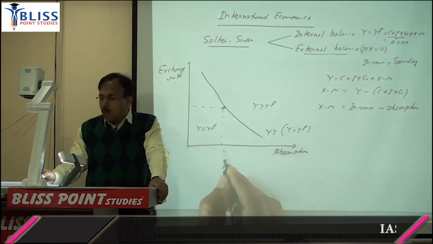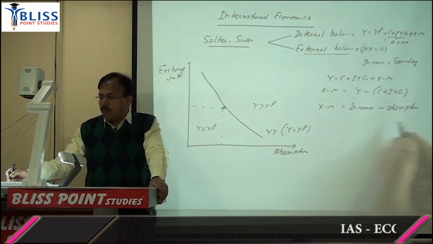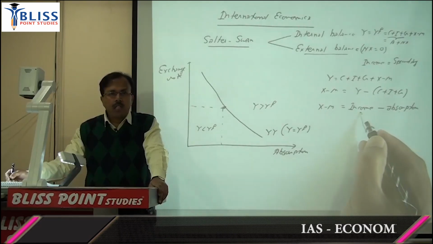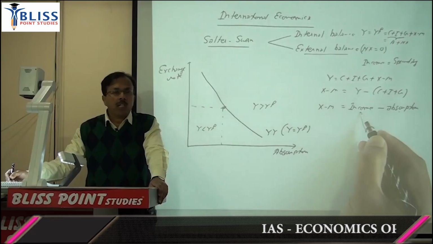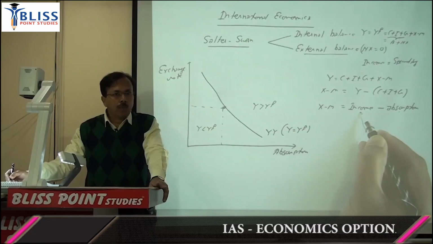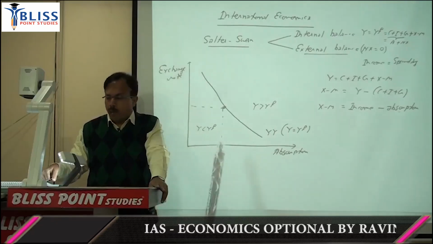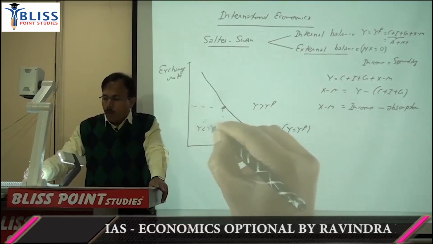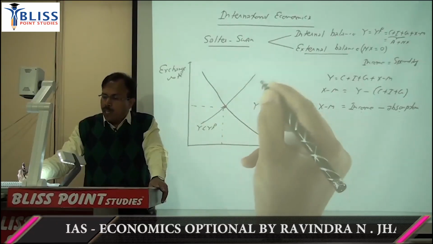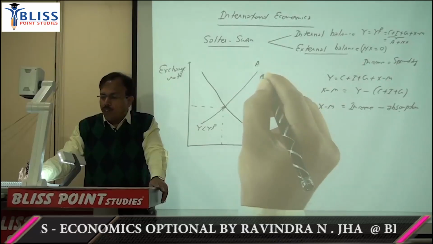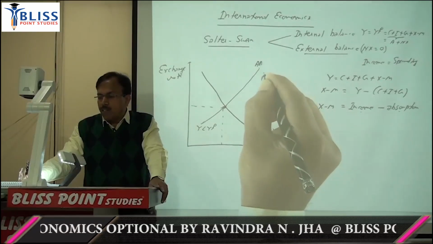Now as absorption increases, what must also increase? Income. But income will increase when currency will depreciate, and depreciation means increase of exchange rate. So absorption and exchange rate both will increase. So this will be the line along which we have external balance.